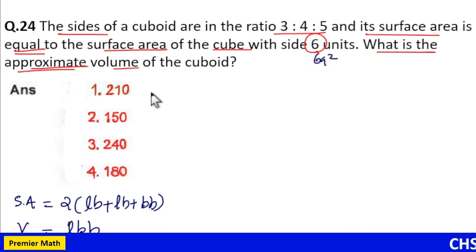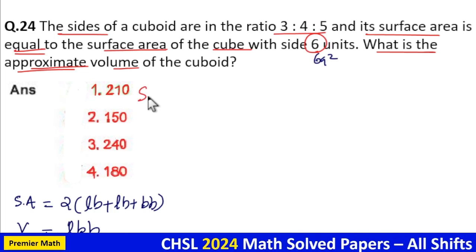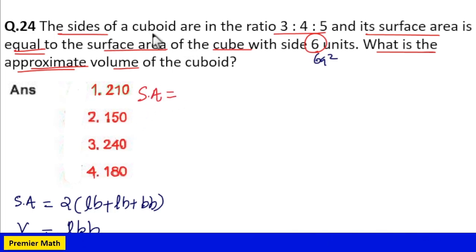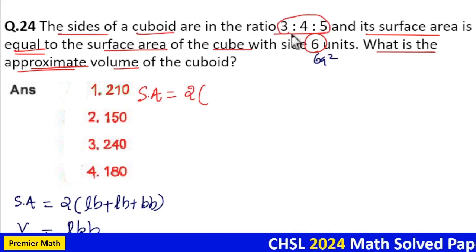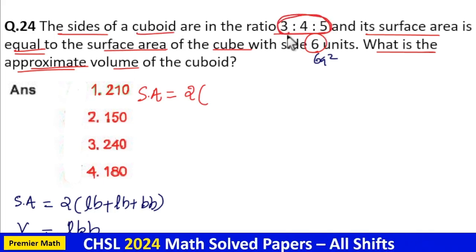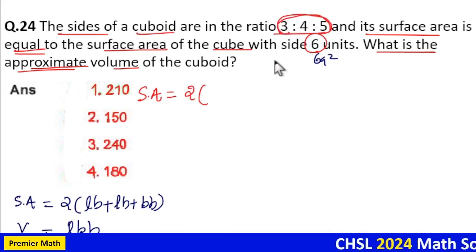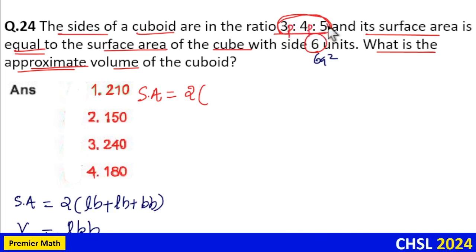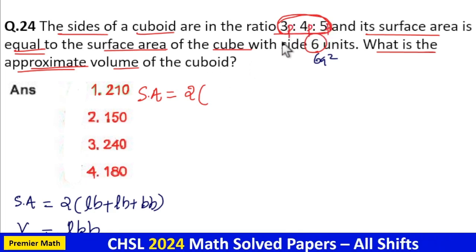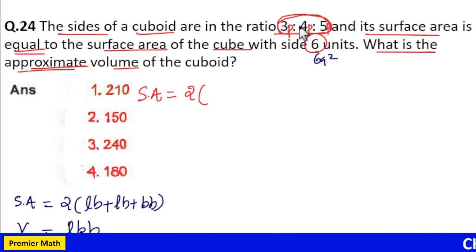Now, if you look at this, surface area of cuboid is equal to 2 into, here 3 sides are in the ratio 3:4:5, which means if I take one side as 3 part, second side as 4 part, third side as 5 part, you can see 3 into 4 is 12.